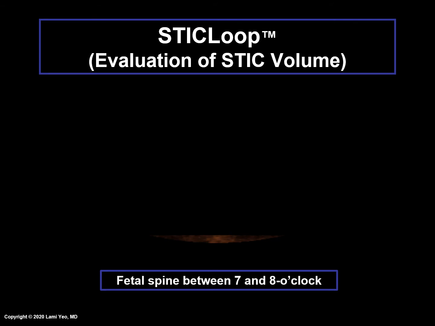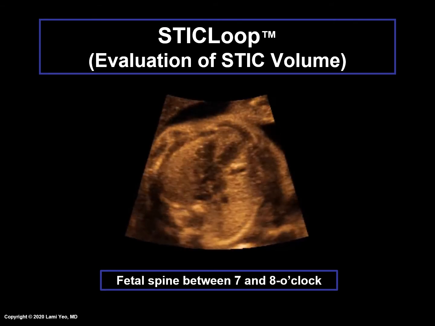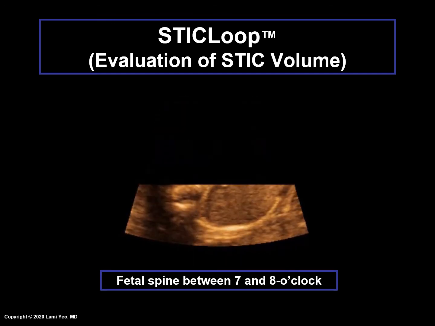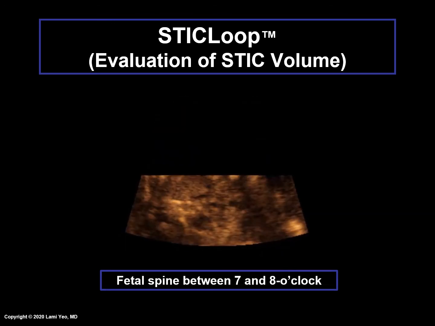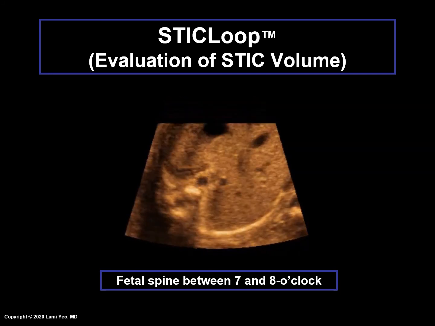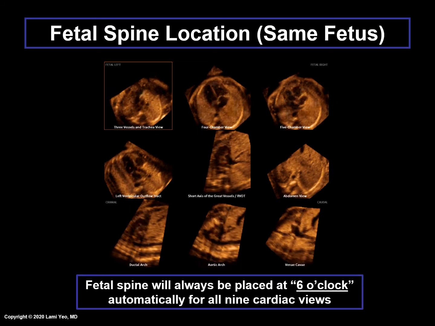This is the same fetus shown in stick loop. Please note that shadowing is evident. When the diagnostic planes are generated by FINE, the fetal spine will always be placed at 6 o'clock automatically for all 9 views, as shown here.